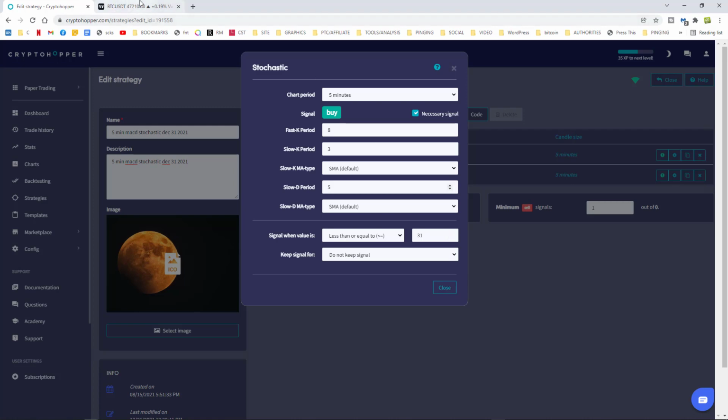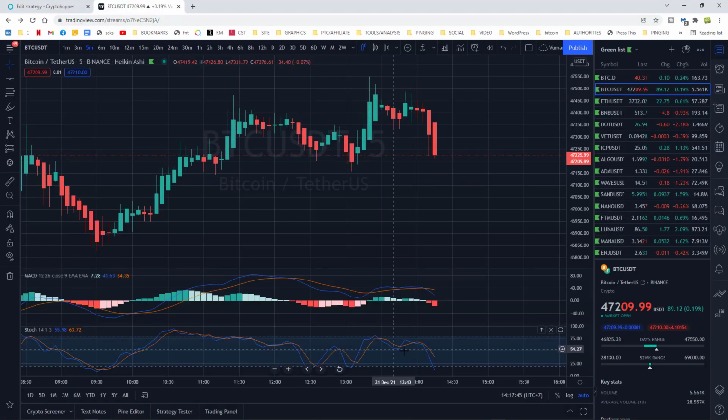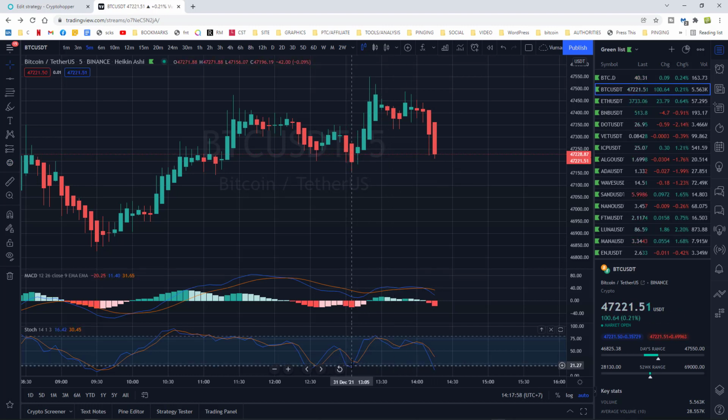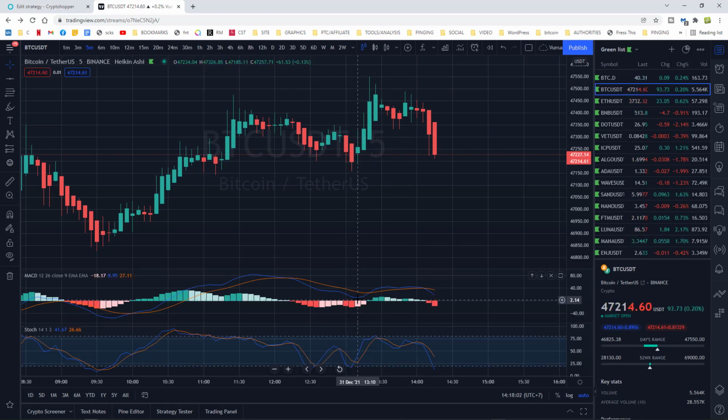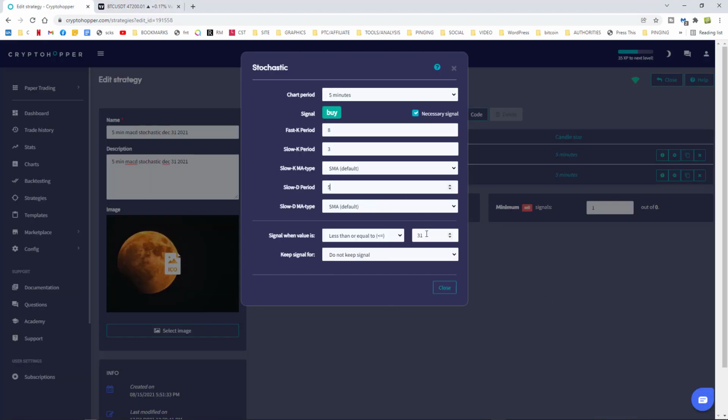So the stochastic is going to be looking at here when it's less than 31. What level was that? About here, on that level there. So it's going to be coming back up, or it's going to be matching somewhere on the MACD, and then it's good to buy at that certain point.